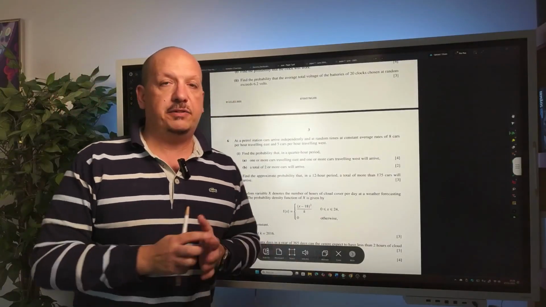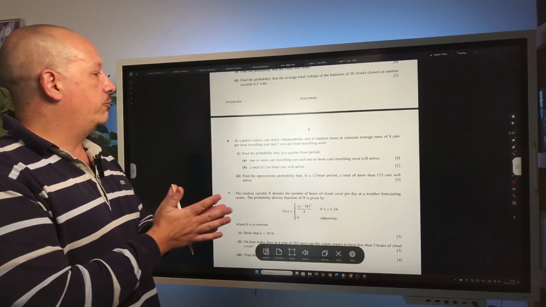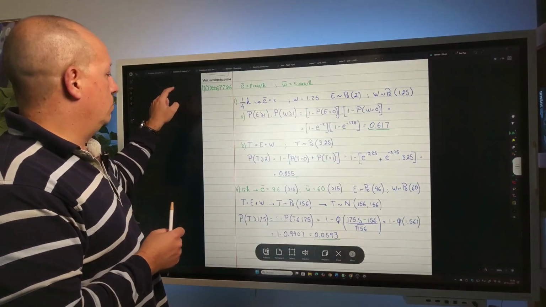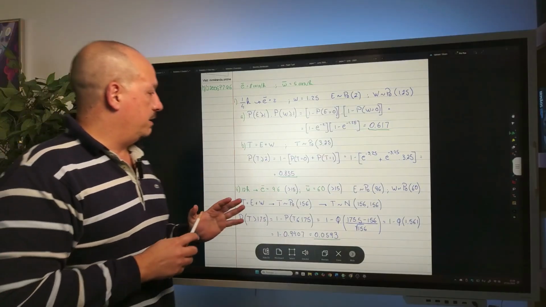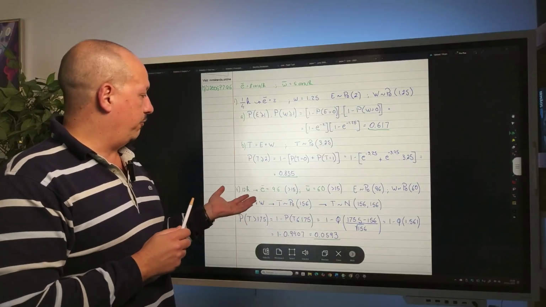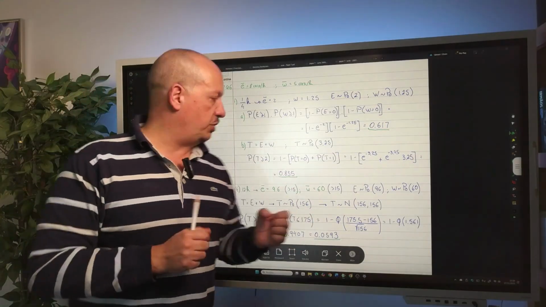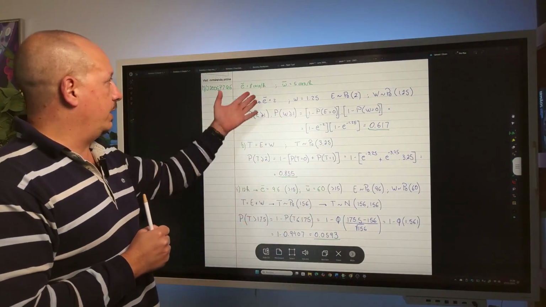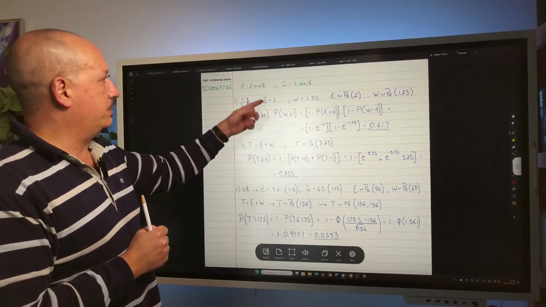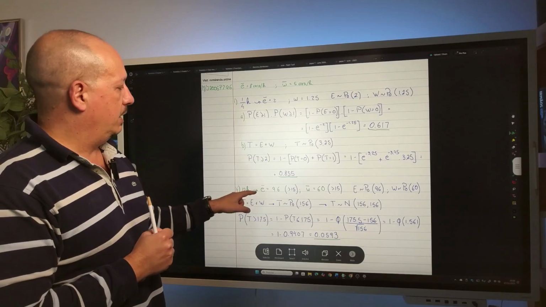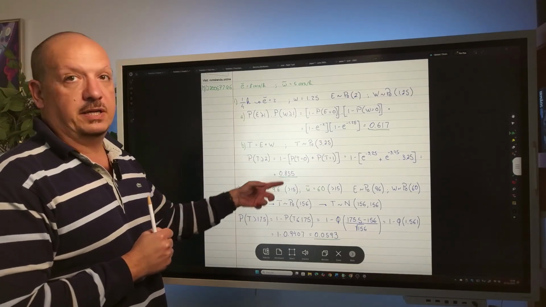Again, it doesn't matter if it is from the east or from the west. You have a 12-hour period, so the interval is also going to change.